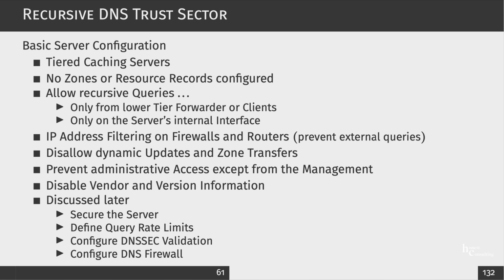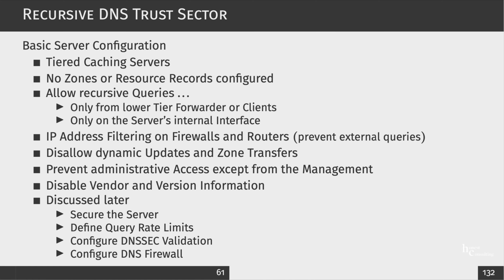And for the recursive DNS, we also have some recommendations when it comes to basic server configuration. The caching servers could be a multi-tier infrastructure.